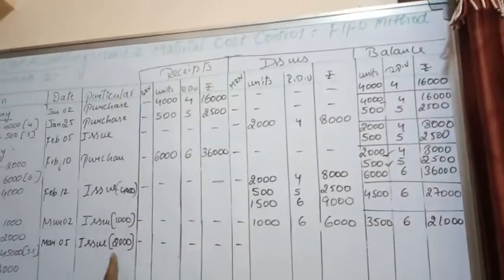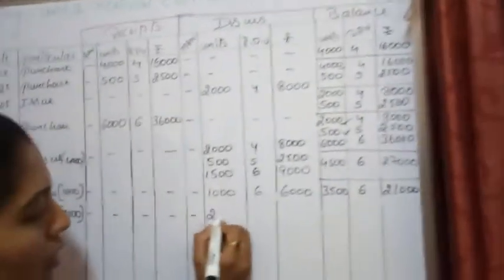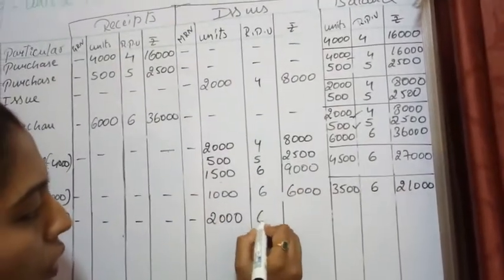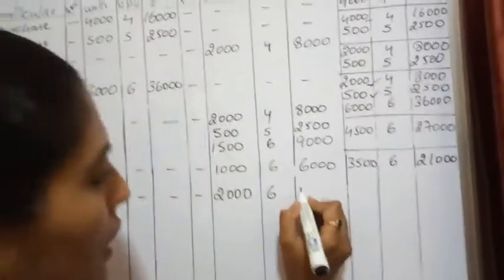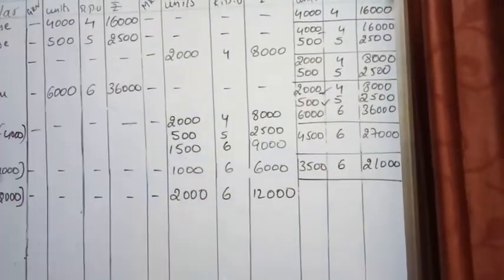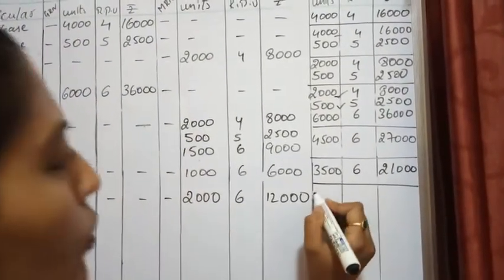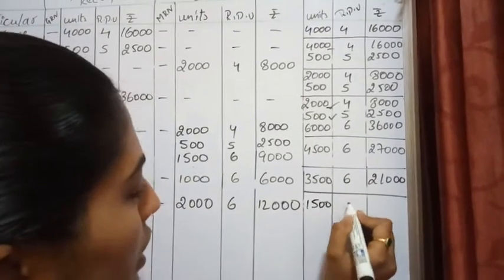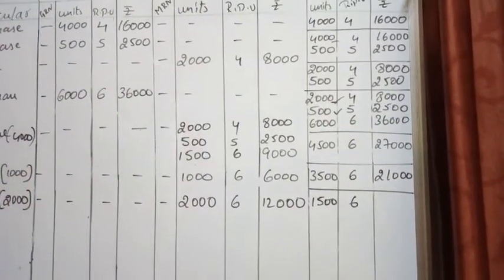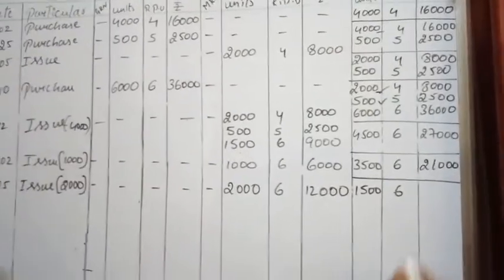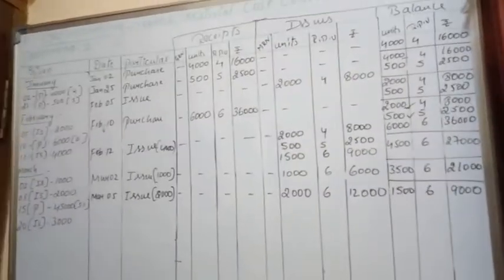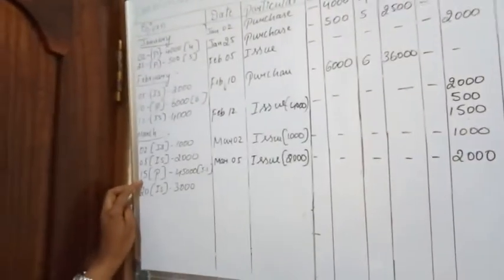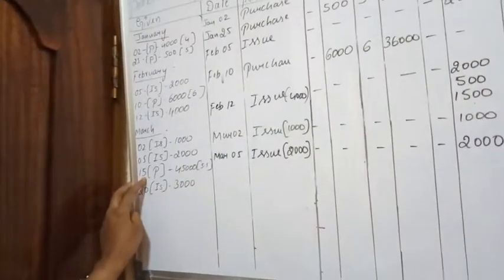I can give directly 2000. 2000 at the rate per unit of 6, so it is 12,000. So now what will be the balance? 1500 into 6, 9,000.